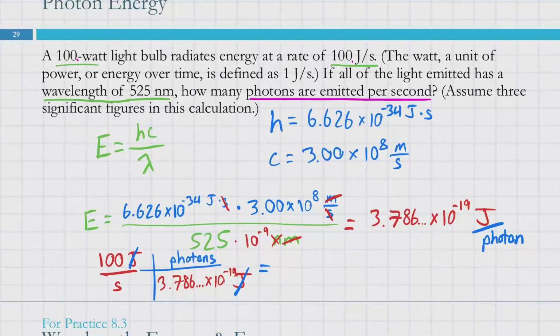And we're going to get a crazy number. So this light is 2.64 times 10 to the 20 photons per second. That's a lot of photons.